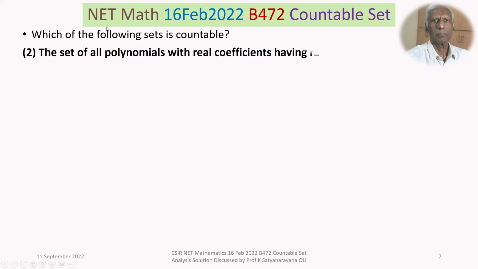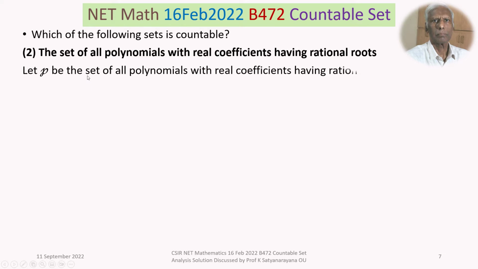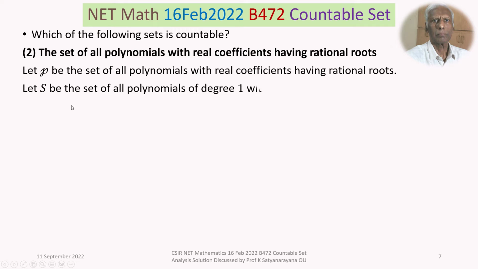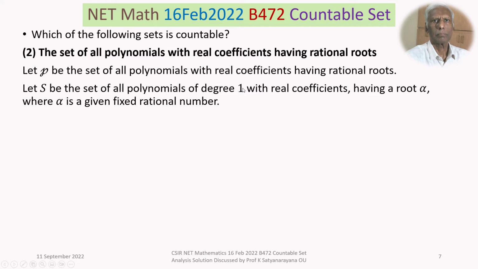Now we consider the set of all polynomials with real coefficients having rational roots. This is option 2. So let script P be the set of all polynomials with real coefficients having rational roots. We consider S to be the set of all polynomials of degree 1 with real coefficients having a root alpha, where alpha is a given fixed rational number.